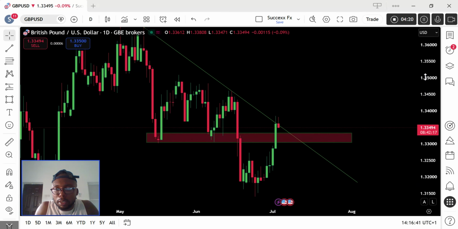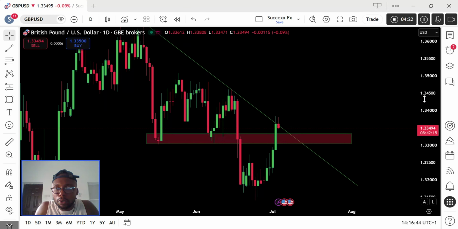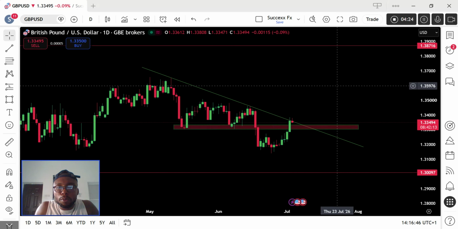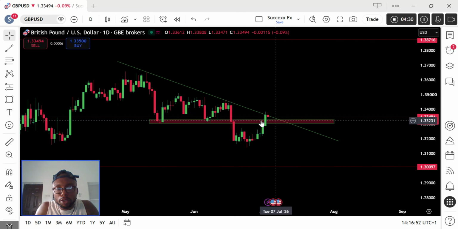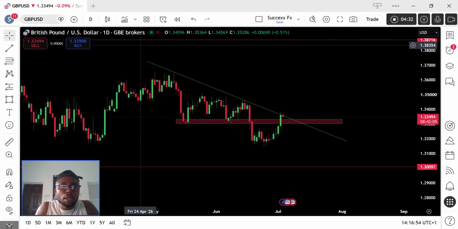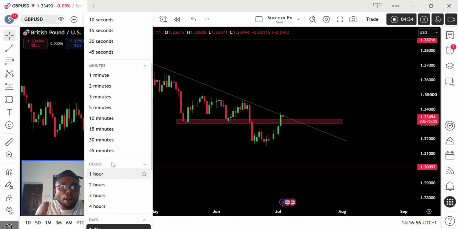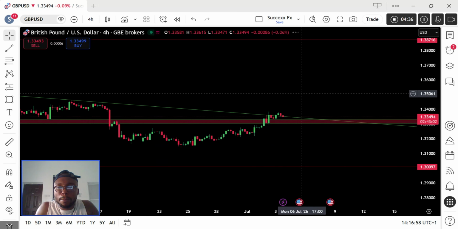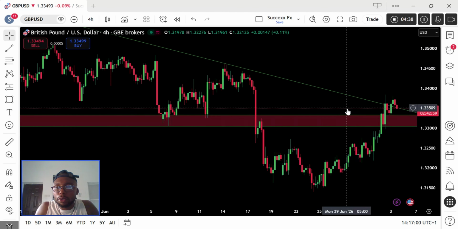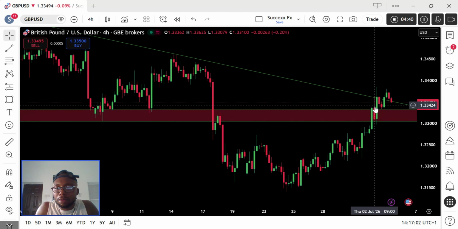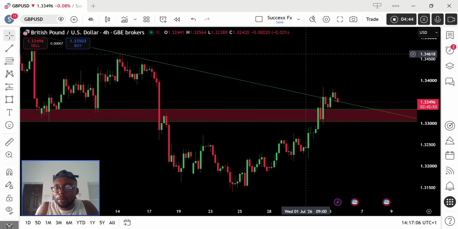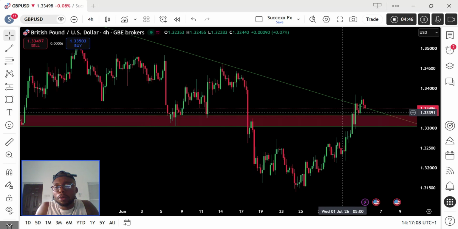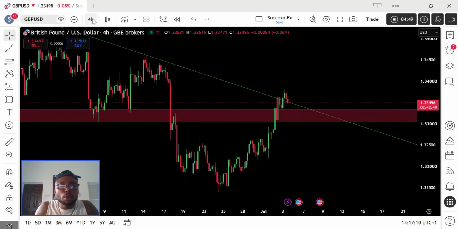We can see that there was a rejection here. So, yeah, I'll beg to still stay with the daily candle because this is a very critical point. But if we go to the 4 hours time frame, you will find that okay, there was a close, went off it, then there's a candle coming below it and all that.